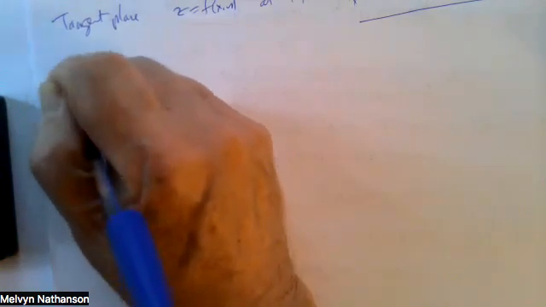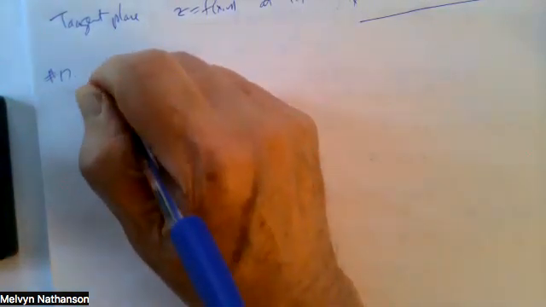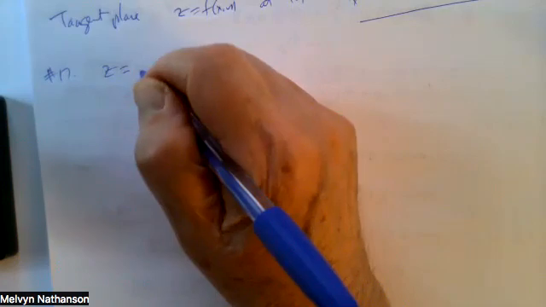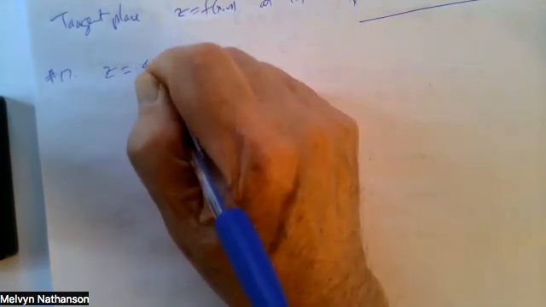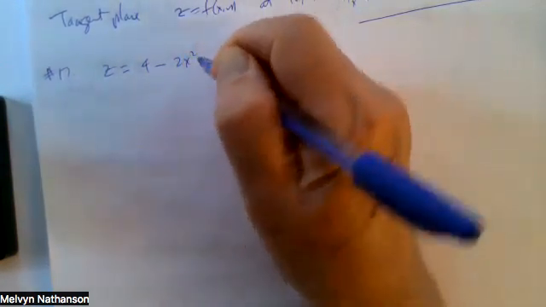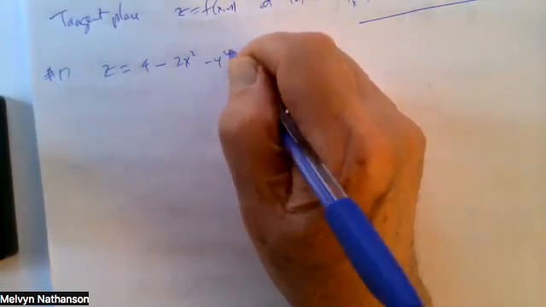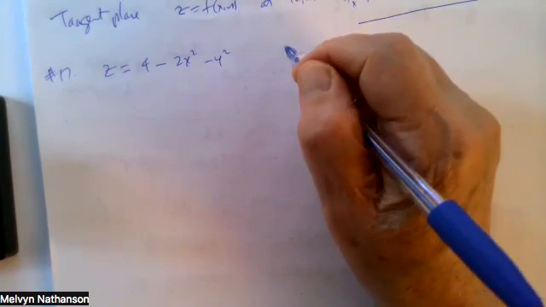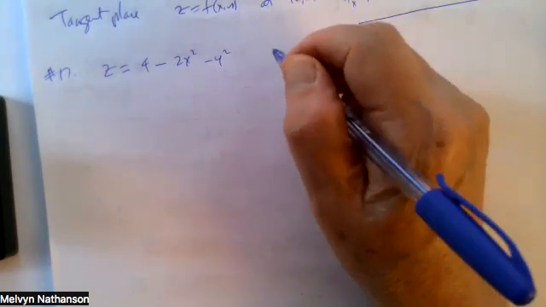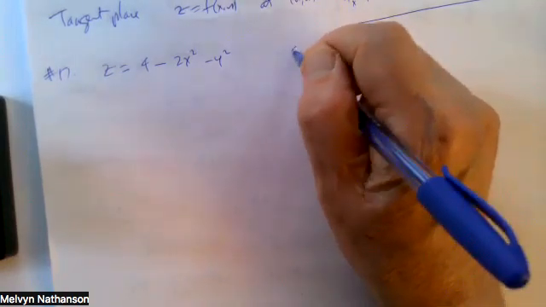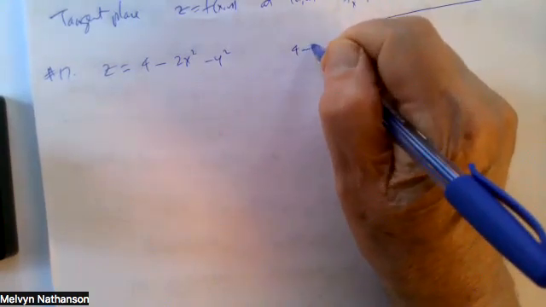And let me just do an example of this. This is number 17. We have the function z equals 4 minus 2x squared minus y squared.